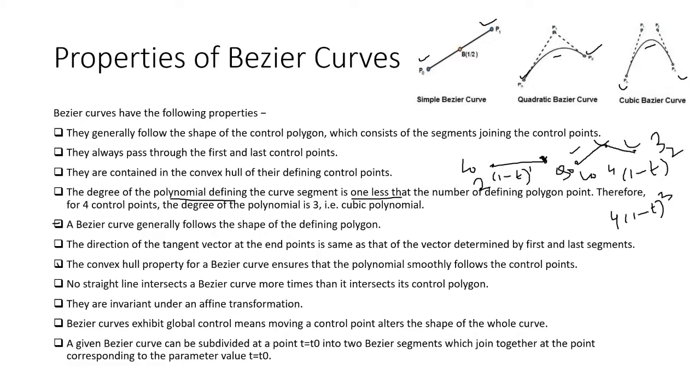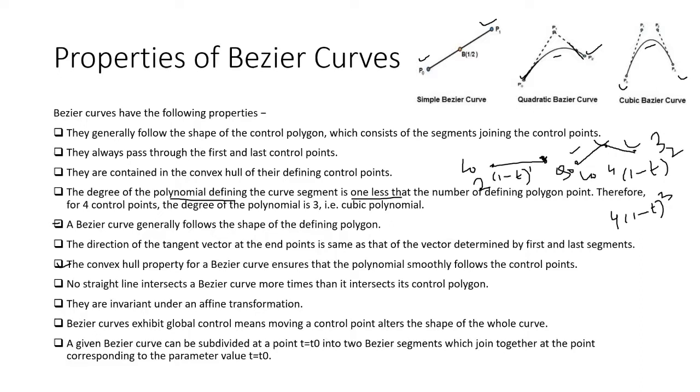Convex hull also discussed. No straight line intersects a Bezier curve more times than it intersects the control polygon. So you can see that it has intersected one time, and it has intersected one time over here and here, so it is going to intersect just those two times.